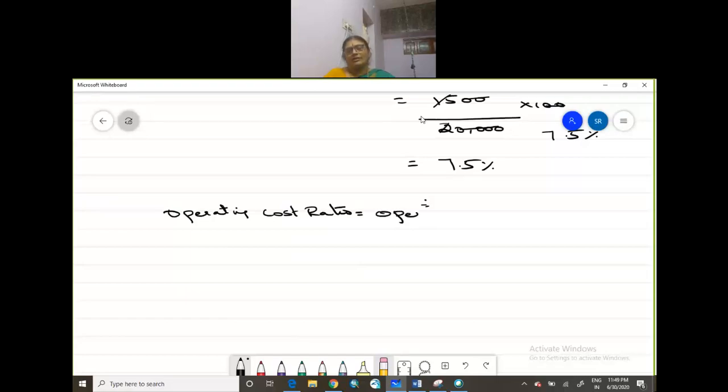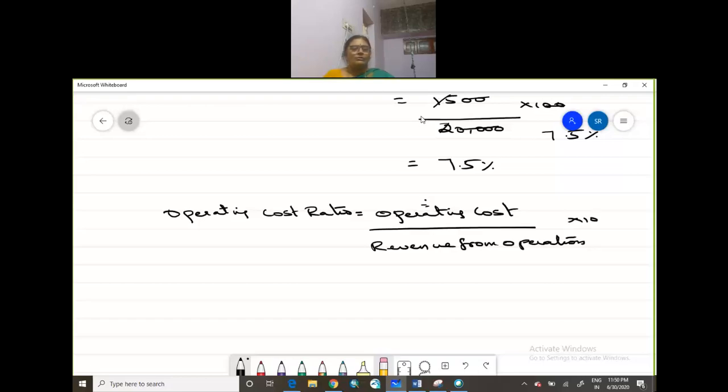Operating cost divided by revenue from operation into 100.